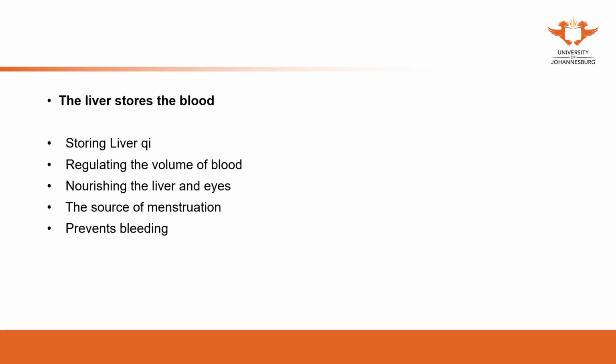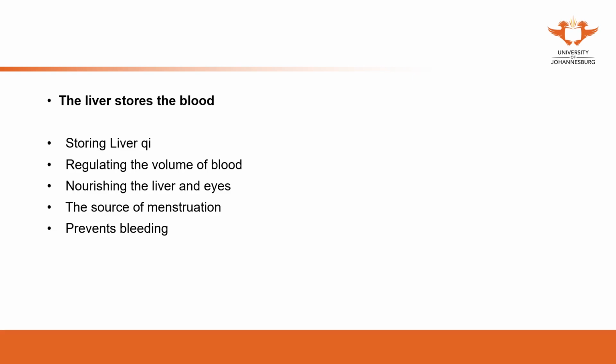The liver blood nourishes the liver and eyes. It is also the source of menstruation. So patients with liver problems, especially liver blood deficiency, may present with menstruation problems in ladies.